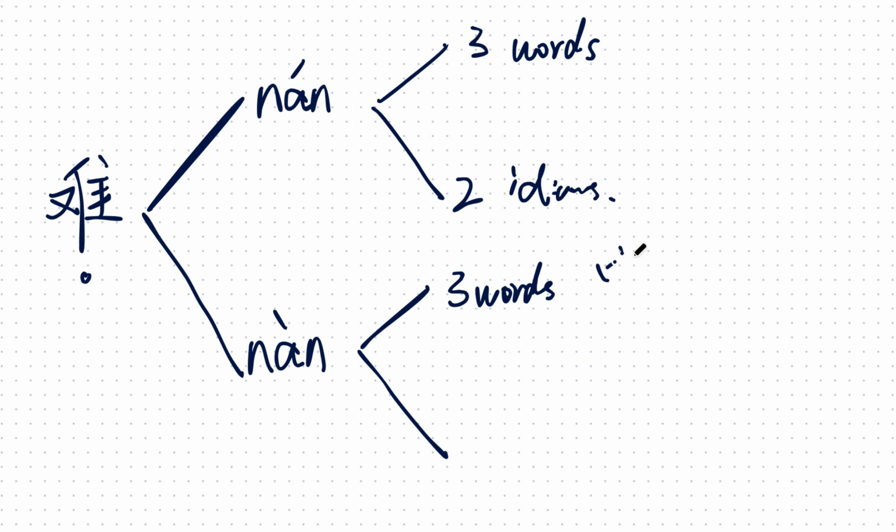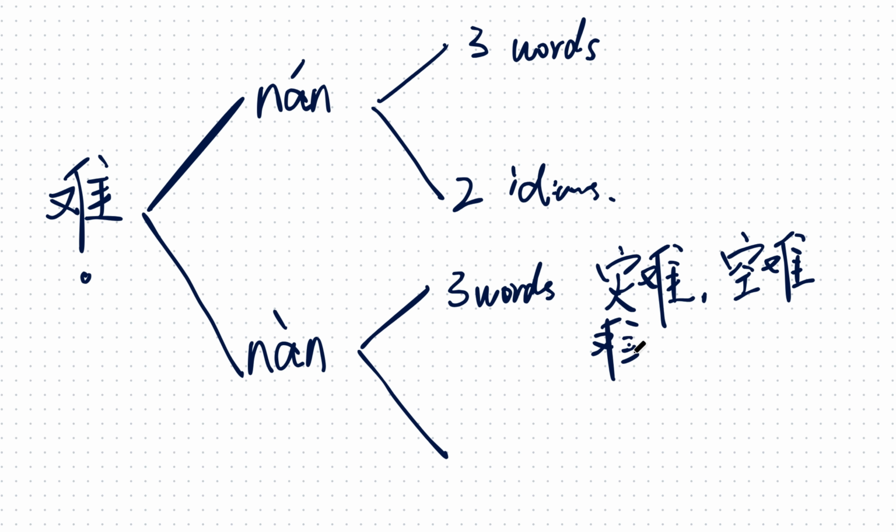So the first is 灾难. It just means hazard. 空难 means plane crash, or anything that went wrong in the air or in the sky. And finally, number 3, 难民. It means refugees.